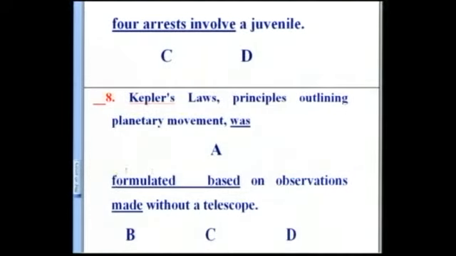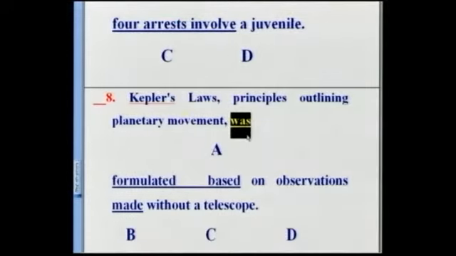I say Kepler's laws, principles outlining... the part between the two commas is what we call the appositive. So what is my verb? Kepler's laws was or Kepler's laws were? So the wrong part is A. So the correct choice I make is A. That is what I write: the letter of the wrong part.